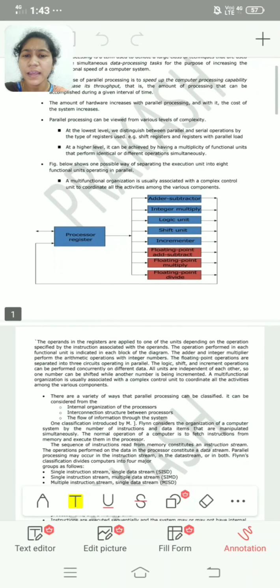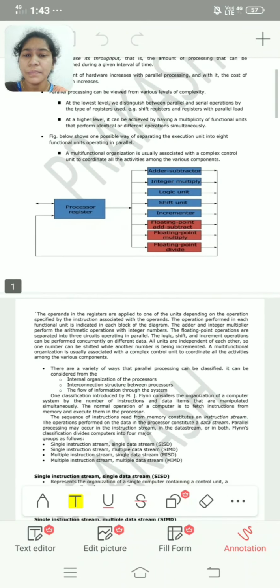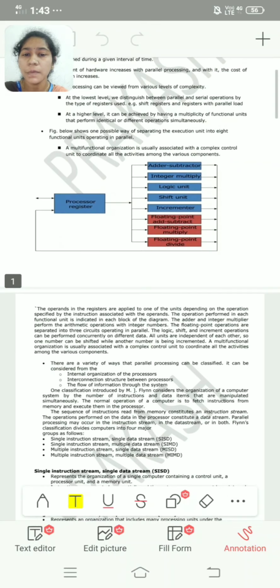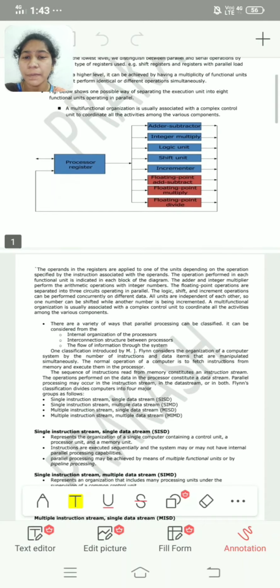At a higher level, it can be achieved by having a multiplicity of functional units that perform identical or different operations simultaneously. The figure below shows one possible way of separating the execution unit into eight functional units operating in parallel.